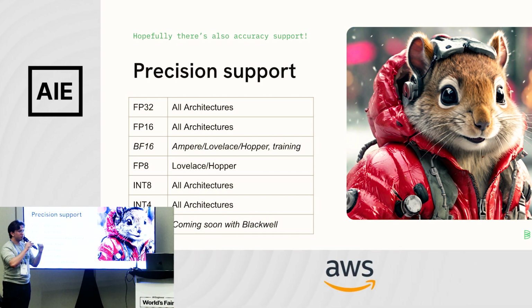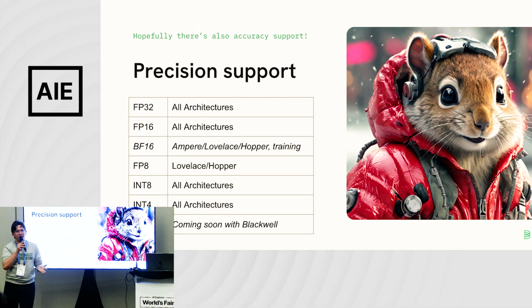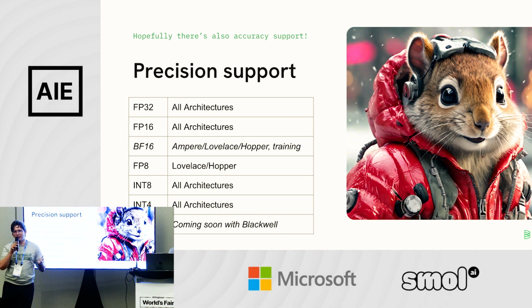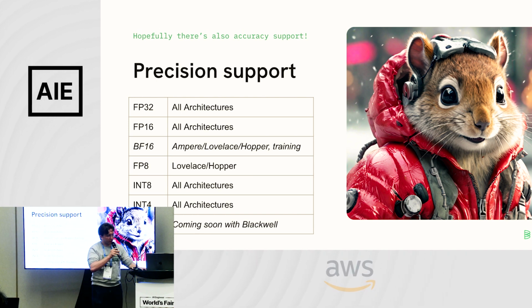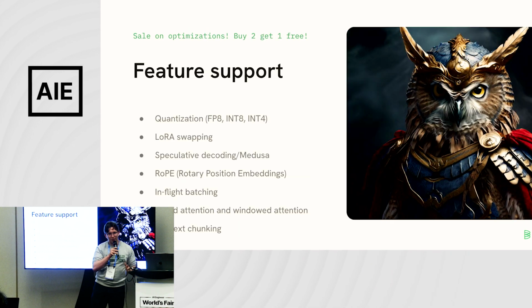FP32 is technically full precision, but nobody does FP32. For inference, generally you start at FP16. By the way, FP16 means a 16-bit floating point number. From there, you can quantize to int8 or FP8 if you want your model to run faster, or run on fewer or smaller GPUs. We'll cover quantization in more detail later in the workshop. I don't want to spend too long on the slides here. I know you want to get your laptops out and start coding.